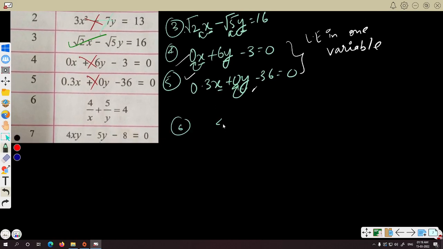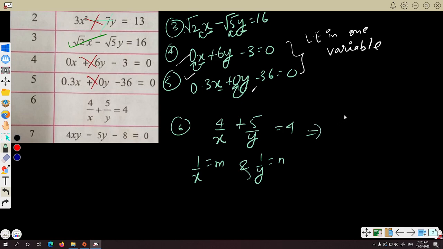Equation number 6. 4 upon x plus 5 upon y is equal to 4. Now this is a different equation given to you. We will solve it a little. If I take 1 upon x as m and 1 upon y as n, the same equation will convert into 4m plus 5n is equal to 4.